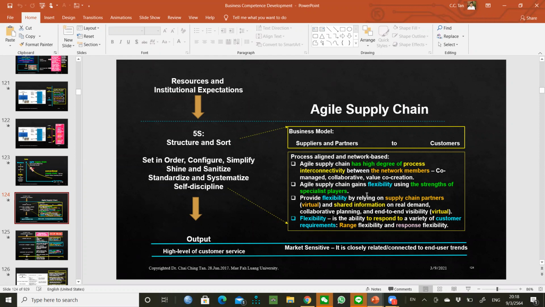So you're exploiting network value co-creators and gaining flexibility through the strength of each specific player. So you have to make sure that every specific player in your supply ecosystem has this capability. So you're making use of SWOT of every individual player.